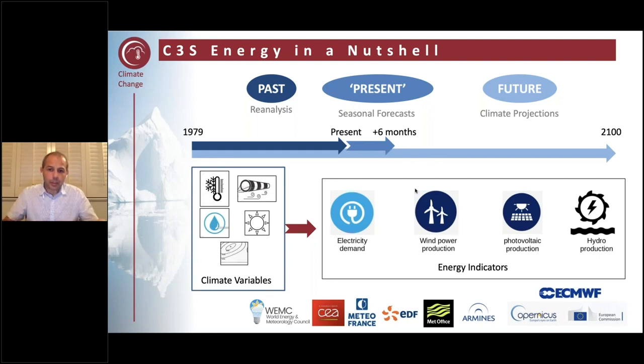We look at electricity demand, wind power production, both onshore and offshore, PV production, only PV for now given the predominance of PV, and hydropower, both run of river and reservoir, not pumped hydro, because the input from climate is very marginal in that case.